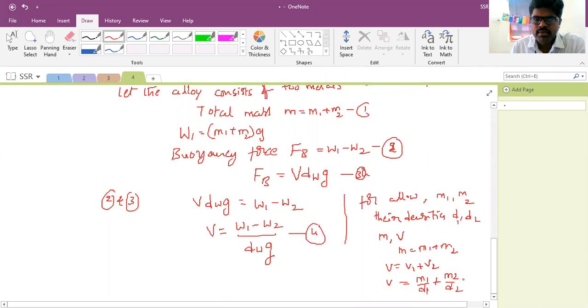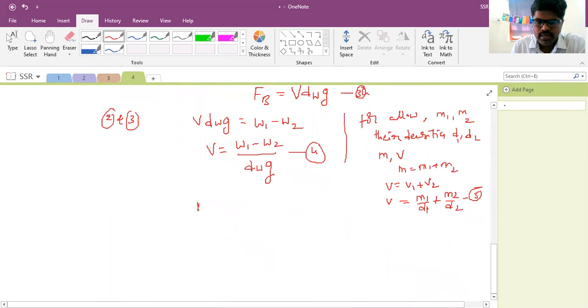From equations 4 and 5, we can write (W1 minus W2) by dW g is equal to m1 by D1 plus m2 by D2. Here W1, W2, dW and g we can find, but m1 and m2 separately we can't find.